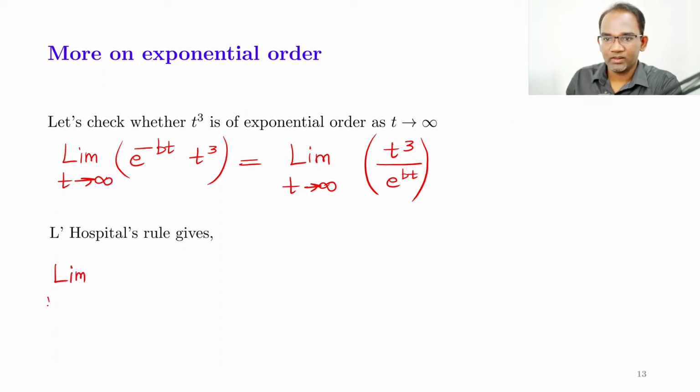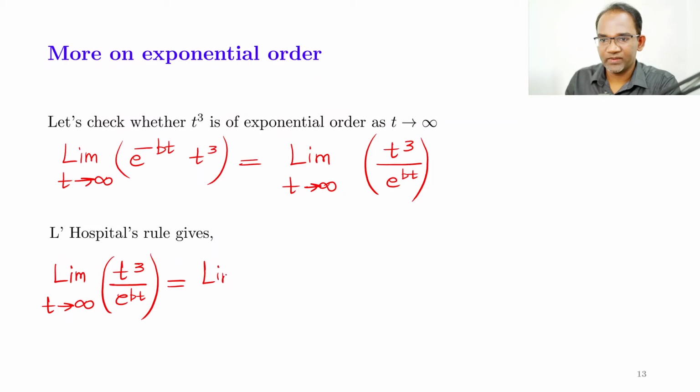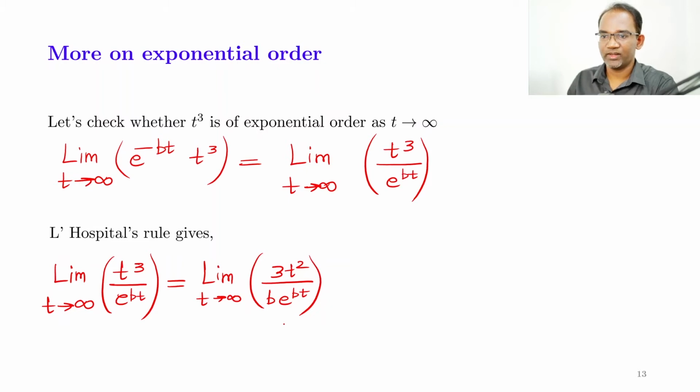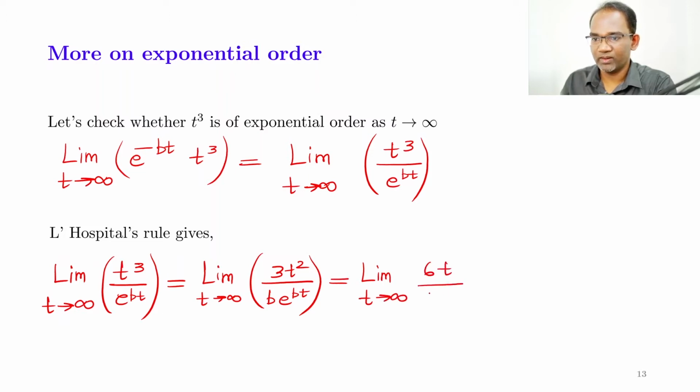This equals the limit of 3t^2 over b e^(bt) when we differentiate both numerator and denominator. In this case also the function does not converge, so we'll again differentiate the numerator and denominator: the limit of 6t over b^2 e^(bt).